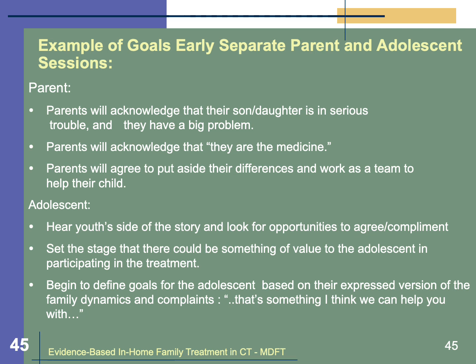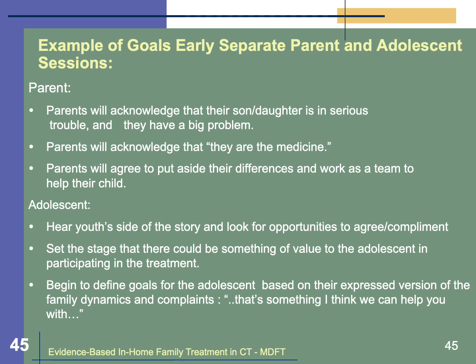And what we're looking for is areas that we can point out that are strengths. So if the adolescent says some kind of underlying emotion that is driving their behavior, we can point that out. And then we set that stage for essentially connecting the parent to the adolescent, and the parent to the treatment, and the adolescent to the treatment.